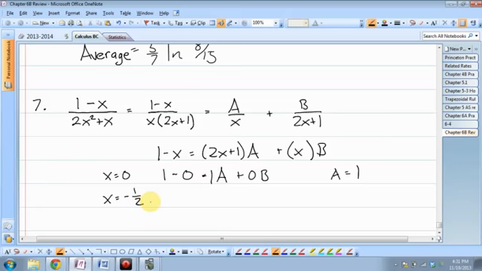I know there's nothing convenient about negative 1/2 at all. It's negative and a fraction. 1 minus negative 1/2, is that 3/2? 3/2 is equal to 0a minus 1/2 b. Looks like b is negative 3.